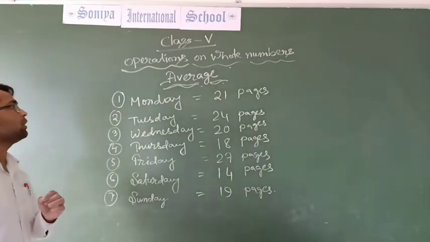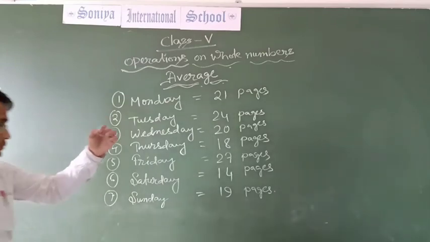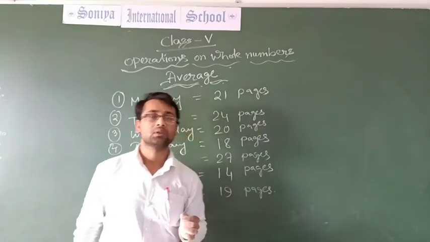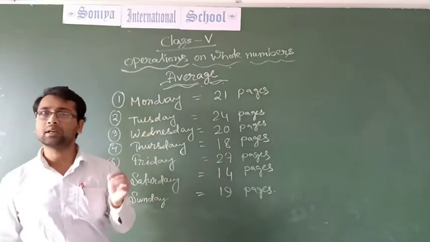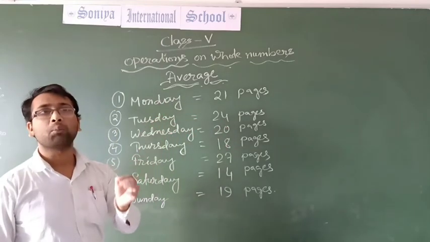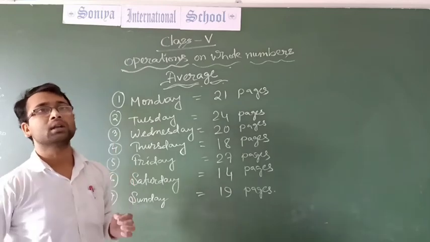Some time ago I told you average is equal to the sum of all quantities divided by the number of total quantities.